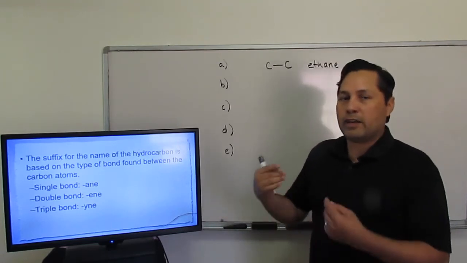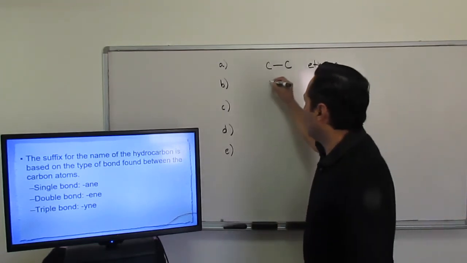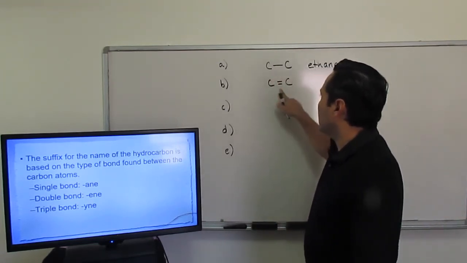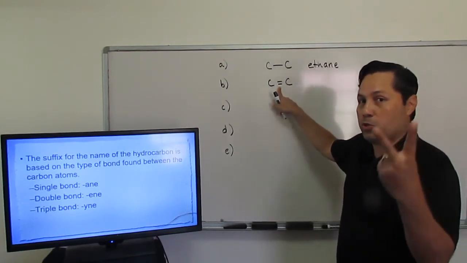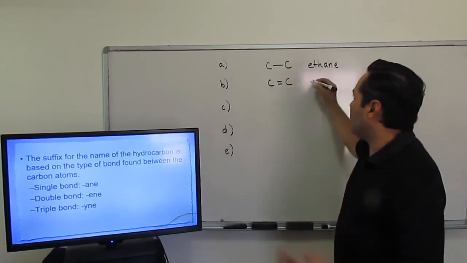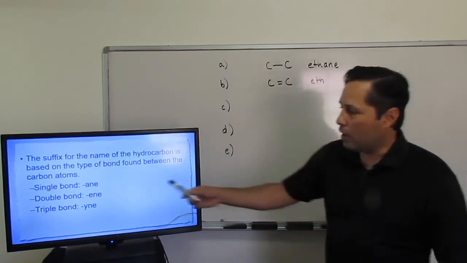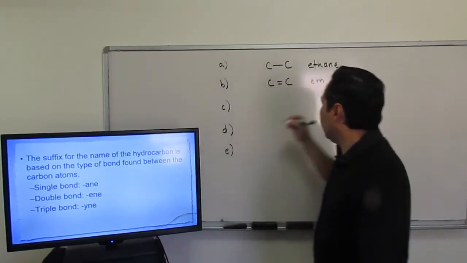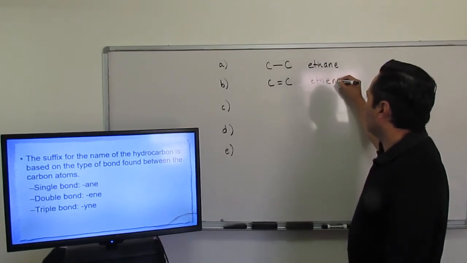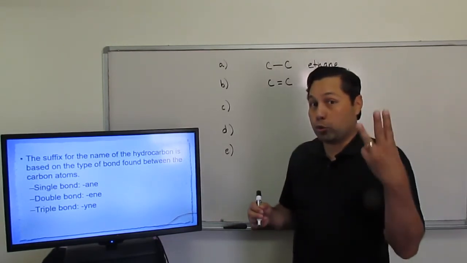But what if that carbon atom had 2 bonds attached to it? So you see the 2 lines represents that there's 2 bonds. Again, I still have 2 carbons, so I'm going to put the same stem, eth, but now I use ene. What if you have a triple bond?